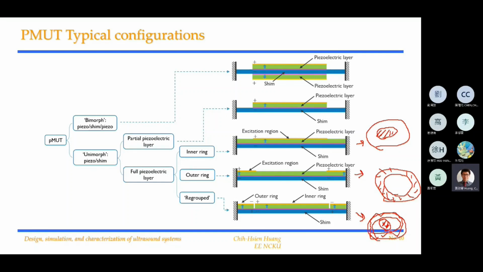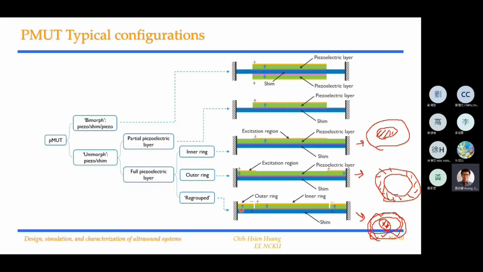And if you want to drive the second mode, you will put the electrode similar to the most deformed part of the second mode vibration. So the electrode shape affects the resonant frequency of your device. It will decide which eigenmode you are going to work on.